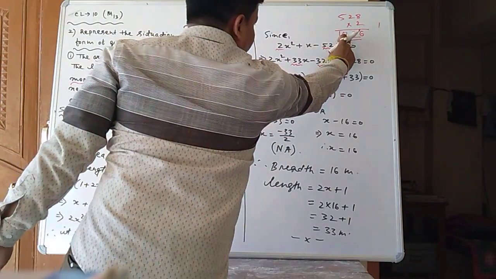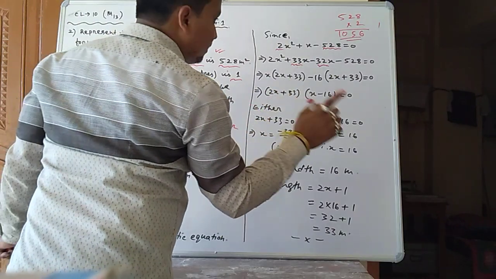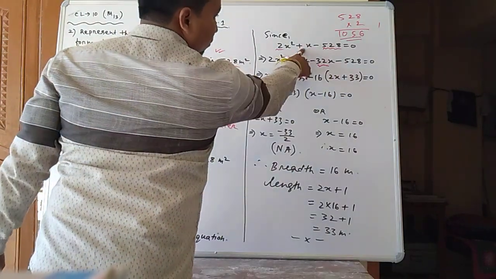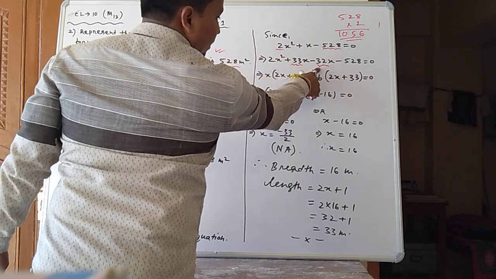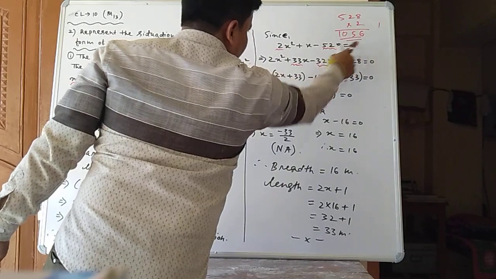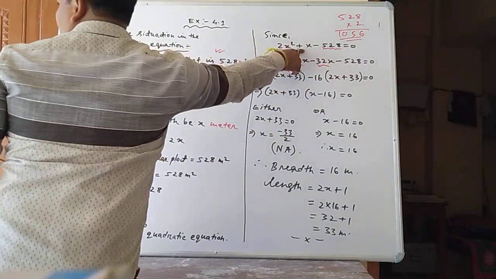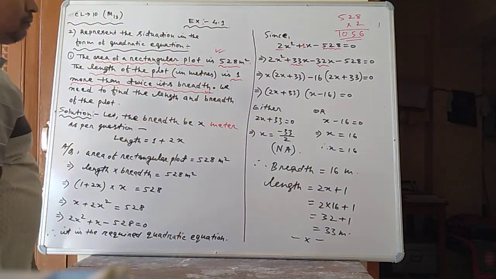From this number you have to find two factors in such a way that either their addition or subtraction value is equal to the coefficient of x. So 33 and 32 are factors of 1056 and their subtraction value is equal to the coefficient of x, which is 1.